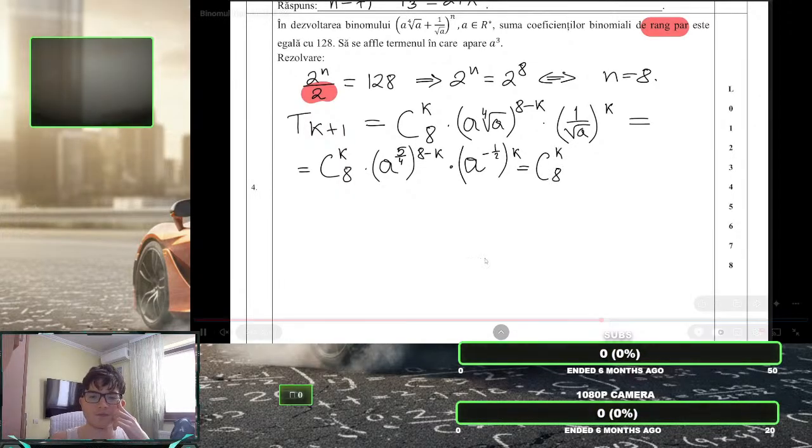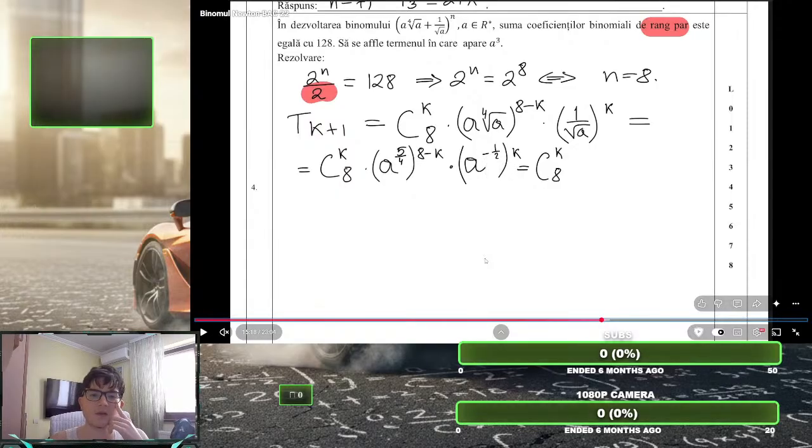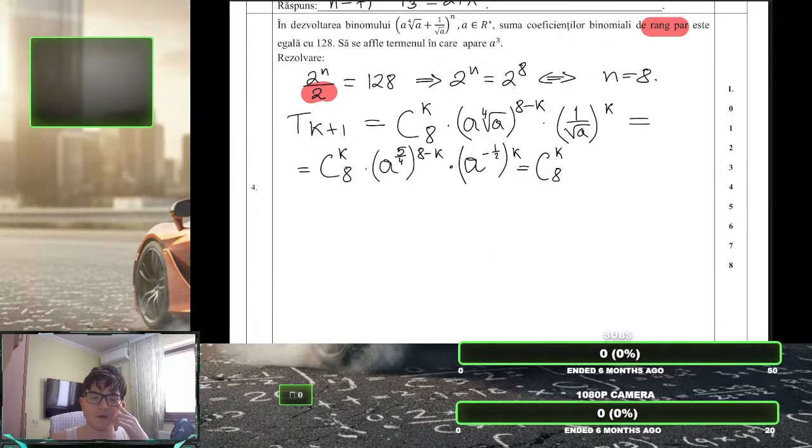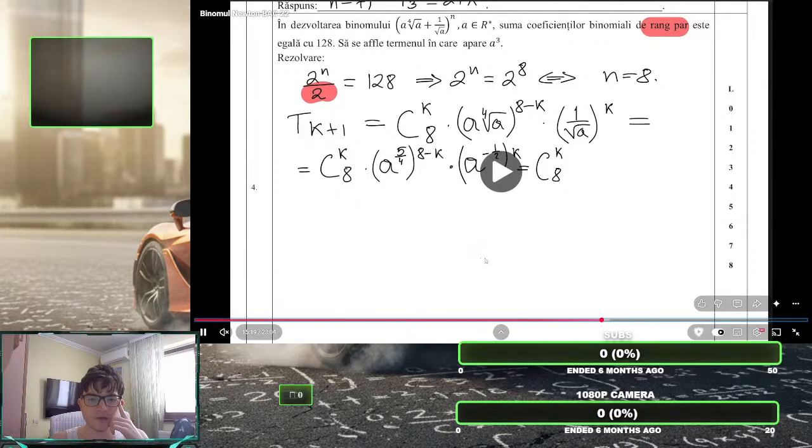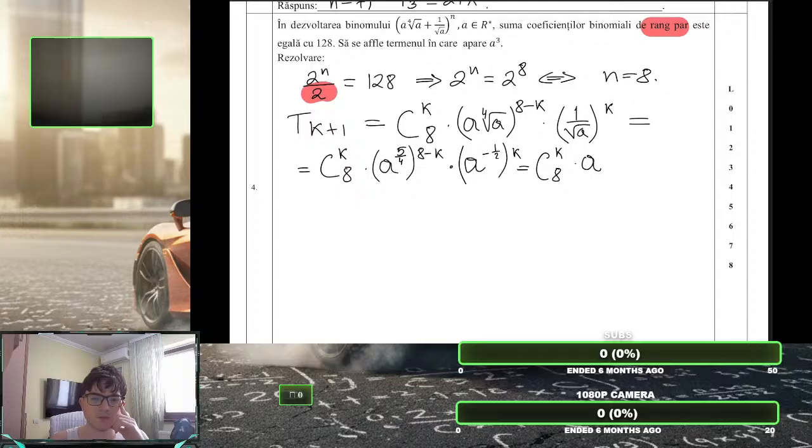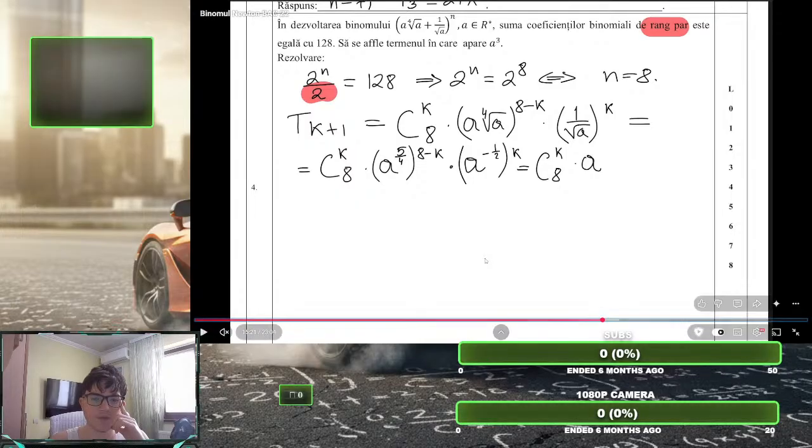Okay, so it's 5 divided by 4 because it's essentially 4 divided by 4 plus 1 divided by 4, so 5 divided by 4. Okay, I got that. So C n k, and right there, a to the power of 40 minus 5k divided by 4.